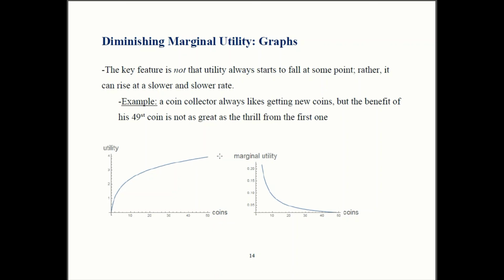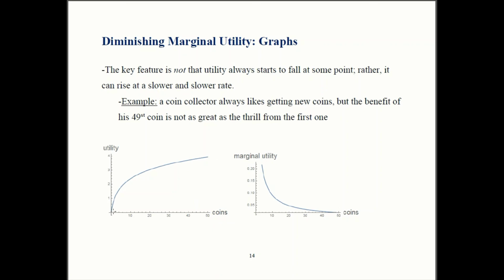However, the excitement they had when they added their very first coin to their collection was definitely bigger than coin number 50. So you can see here, much bigger gain to utility in the beginning than there was out here once you've already had quite a bit. So total utility is going up and up, but at a slower rate, and that is still consistent with diminishing marginal utility. So here is total utility.